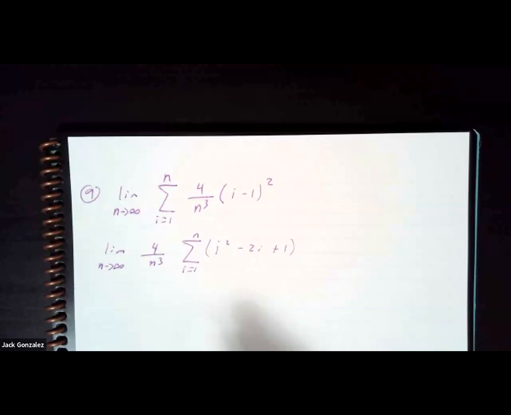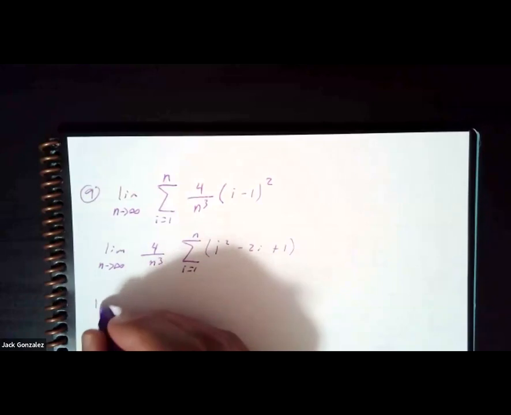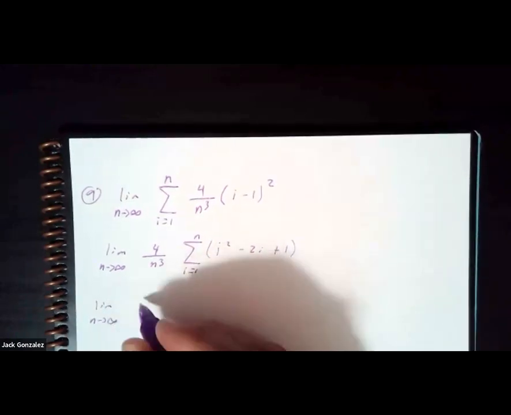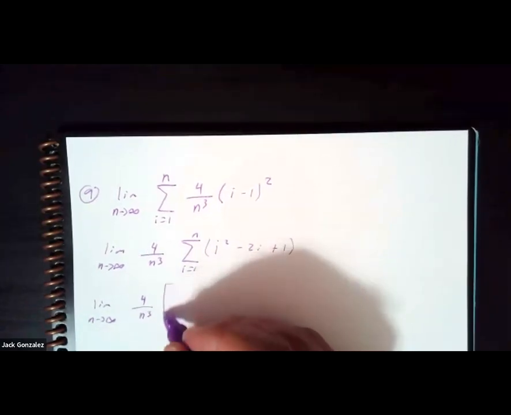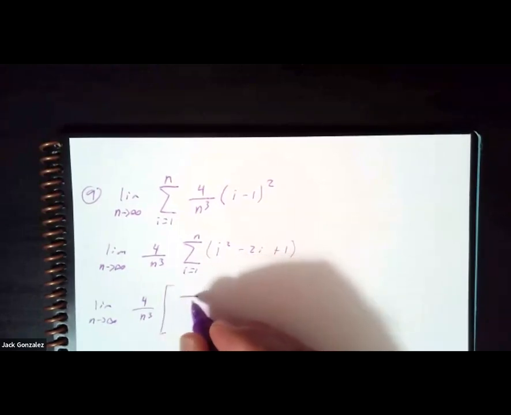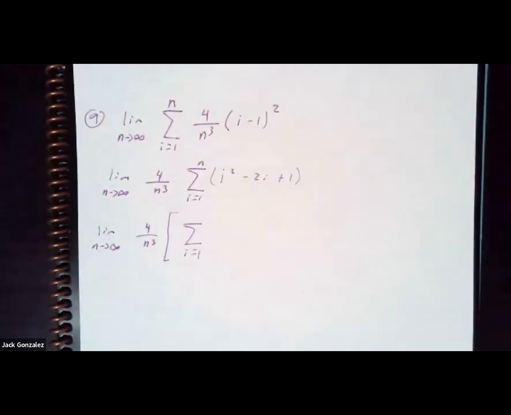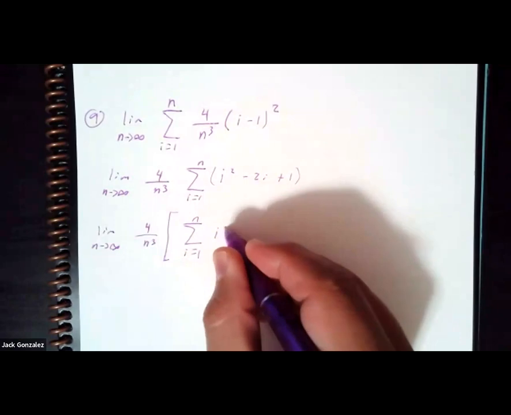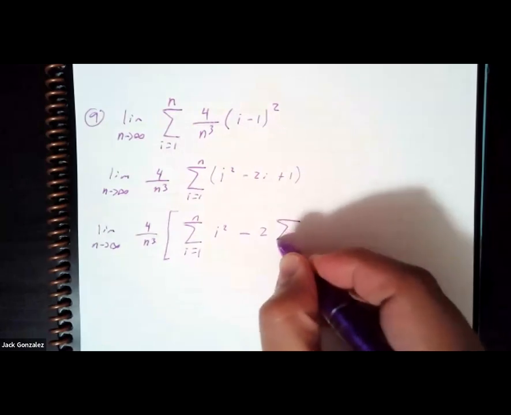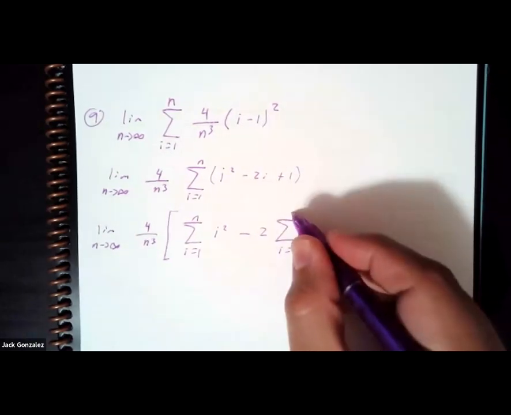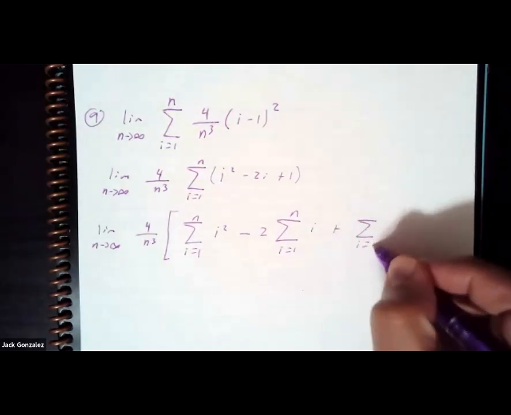Apply your formulas. We have an I squared formula, we have a 2i, but let's go ahead and separate everything first. So this is way out here. I'm working in here for now. Use a formula for I squared. This negative 2, I'm going to go ahead and pull that out in front. Deal with the I. Deal with the constant. We have formula for all 3 of those.